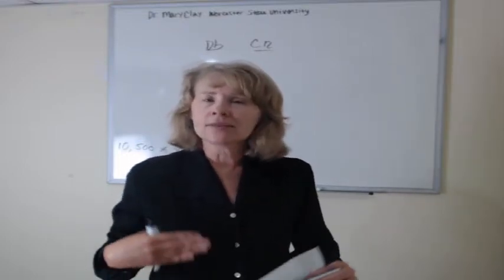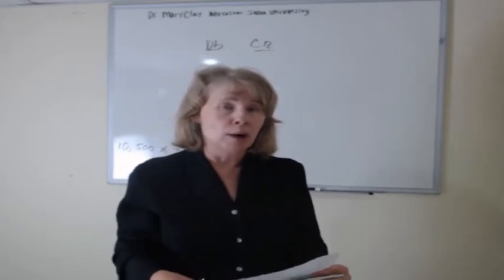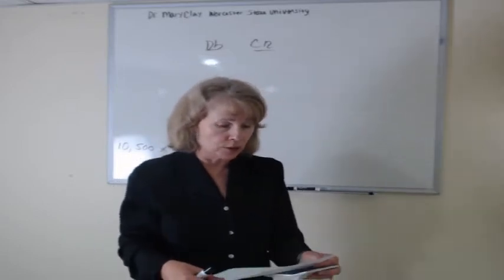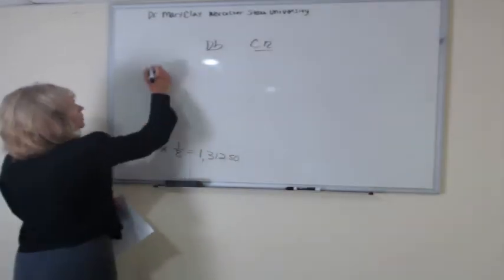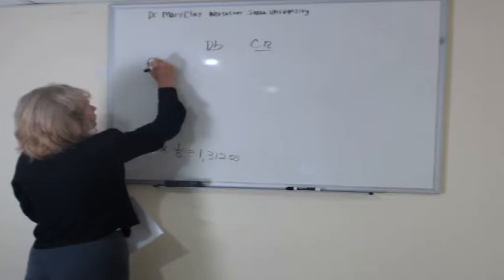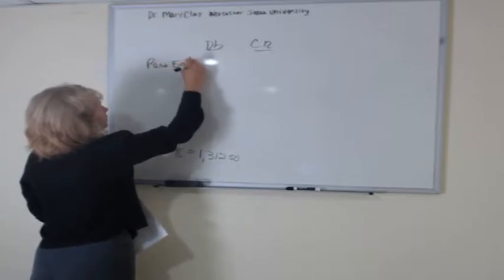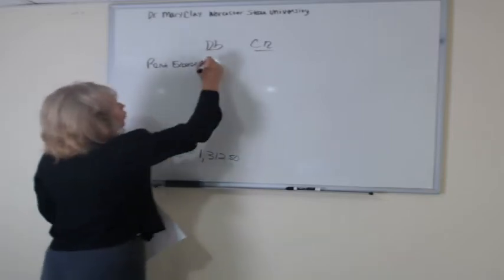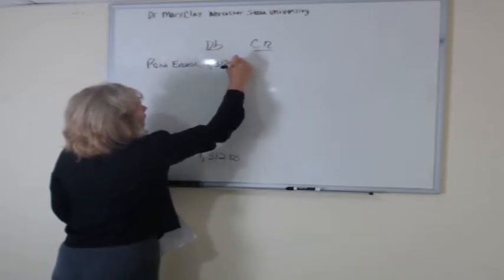Now, at the end of the month, you're adjusting for 1 month of that rent that has now been used. So you figure that out and you're going to debit rent expense for 1,312.50.